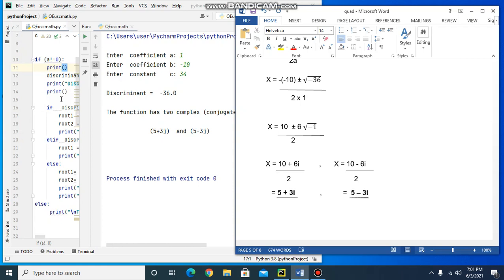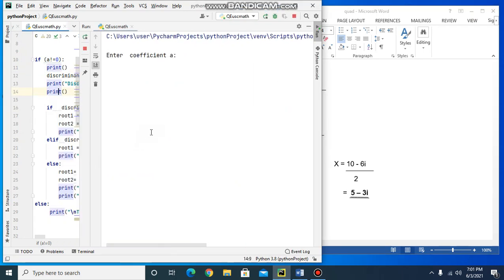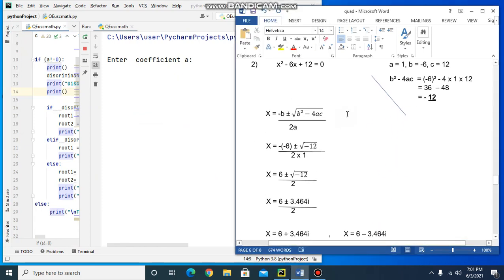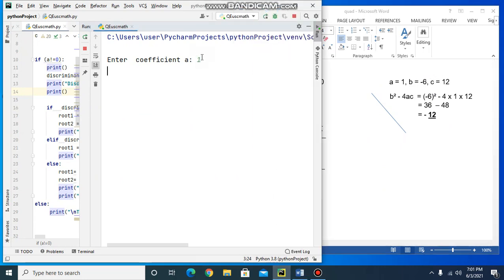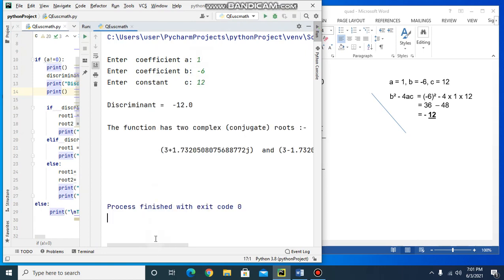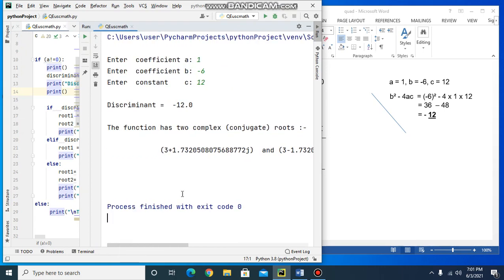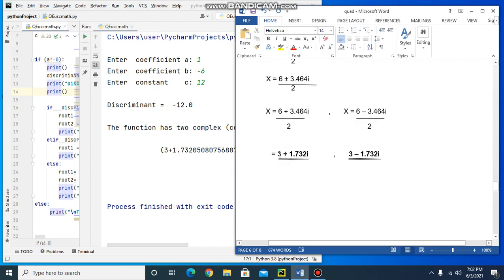Now we will execute it again. So we will see the next example. Here a is 1, b is minus 6 and c is 12. So we are getting the discriminant value as minus 12, and here the roots are 3 plus 1.732i and 3 minus 1.732i.